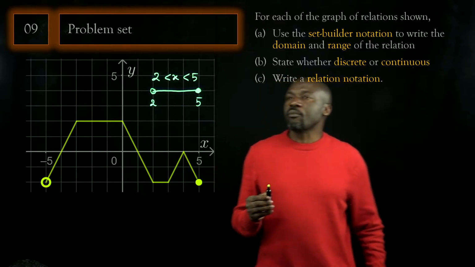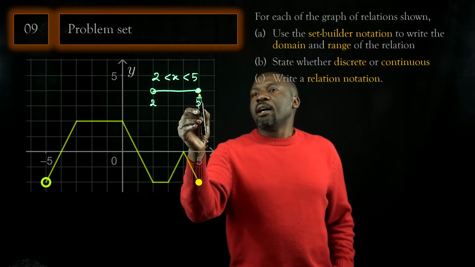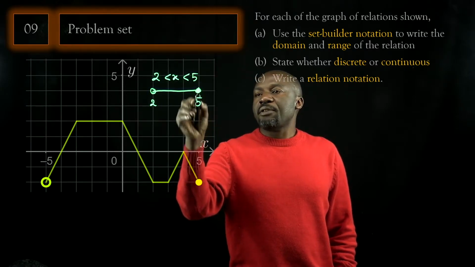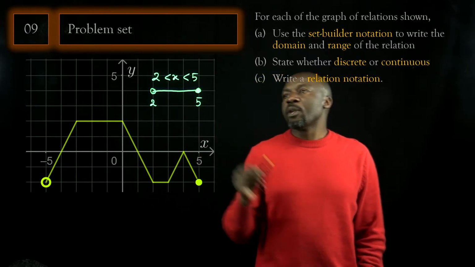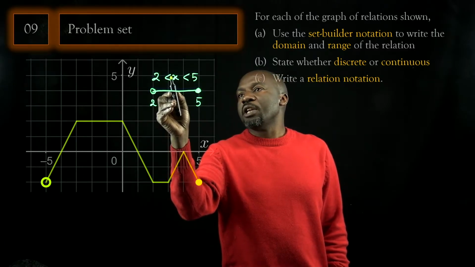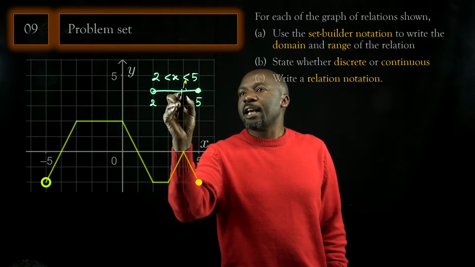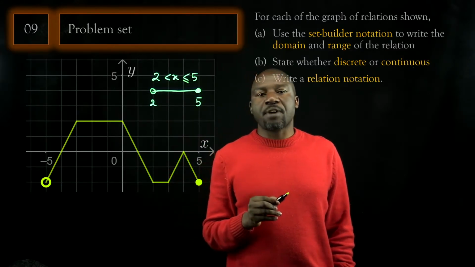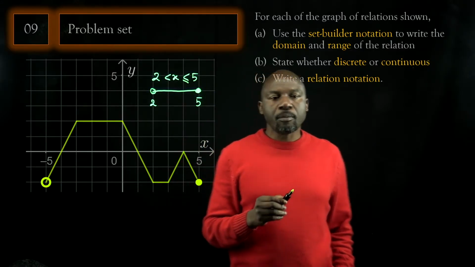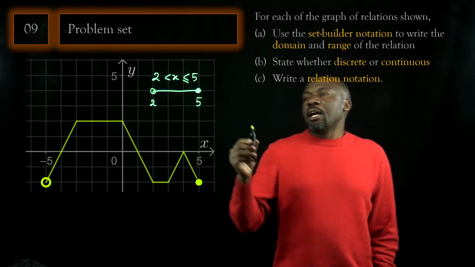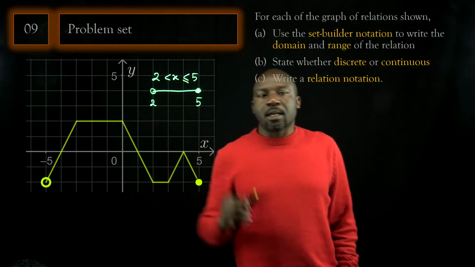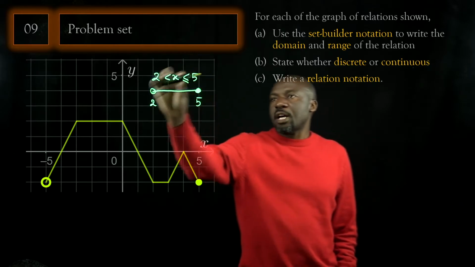All right. On the other hand, the 5 here means that 5 is part of that domain. So x has to be greater than 2, but x can also take the value of 5. So this is what this means. Another way of writing this, I'll come to shortly.